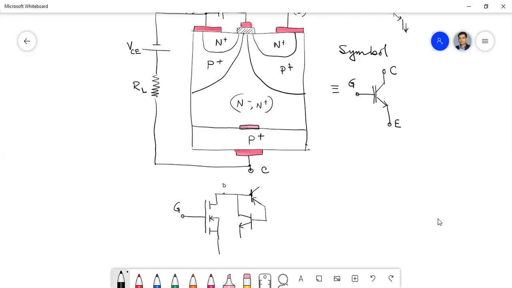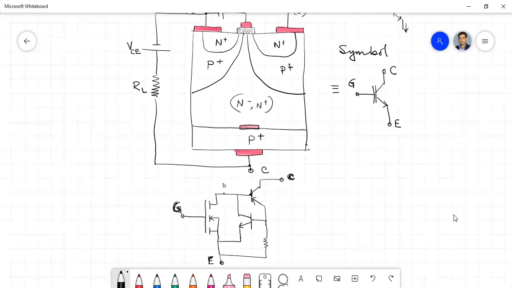Can you visualize these two? Just look carefully. Whether we are getting these two. Just try to visualize this.